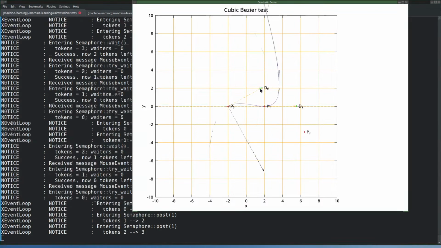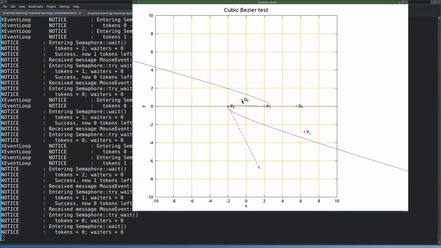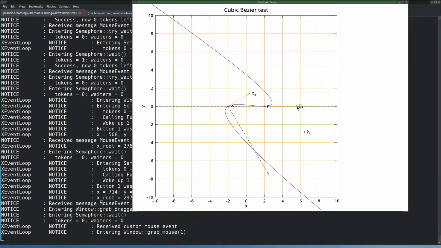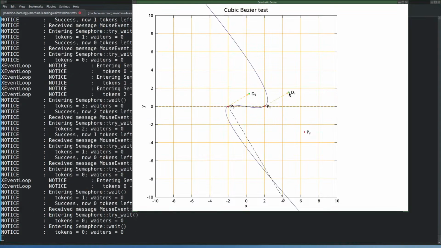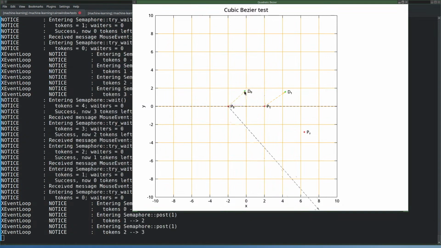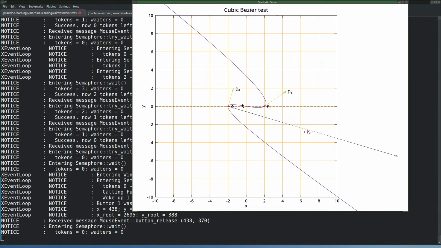So if we make it very curved, it doesn't really get any longer like that. Yeah, now it gets longer. Much longer. So now it's very much curved. It looks all right.